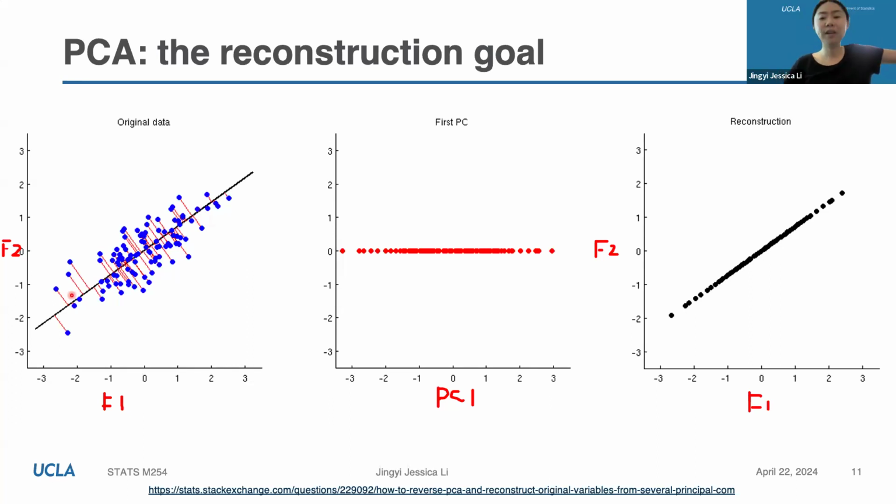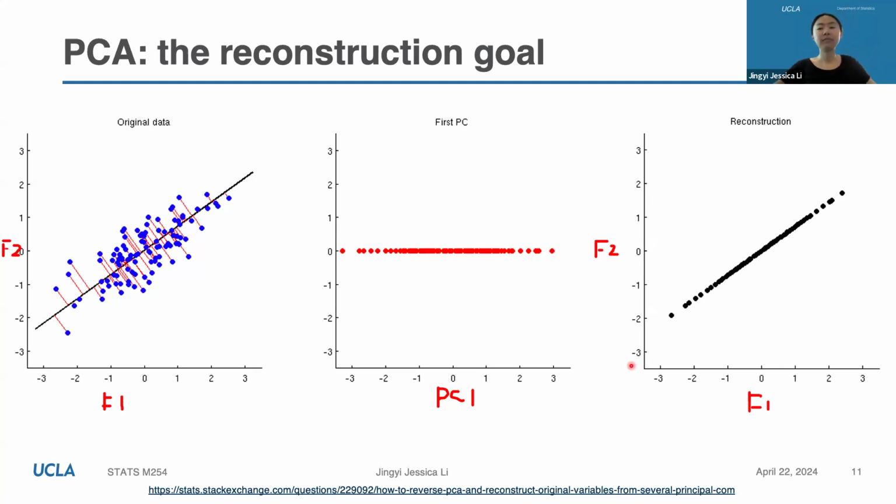So essentially, you believe PC1 captures the signal, and you believe the perpendicular distances are due to noise. If that's your belief, then you can keep only PC1 for your next step instead of using the whole 2-dimensional data. This is the intuition about why PC1 gives the best 1-dimensional reconstruction of your data.